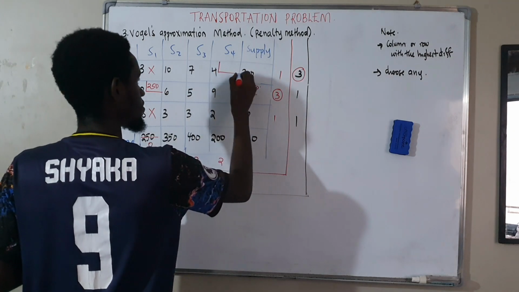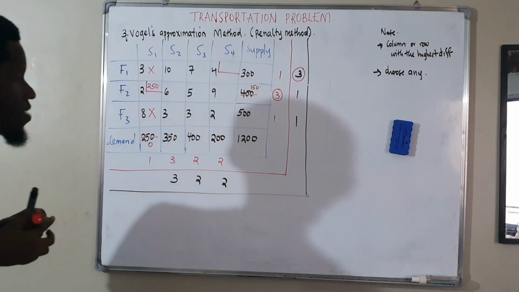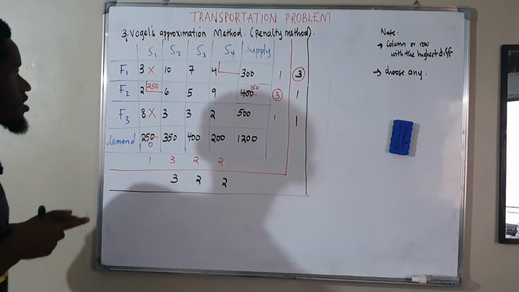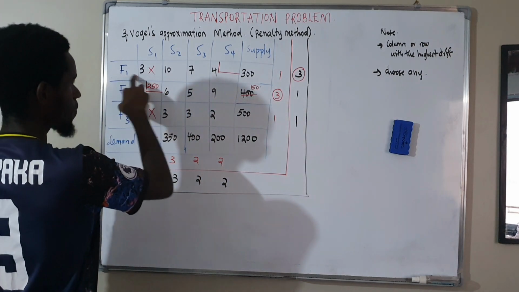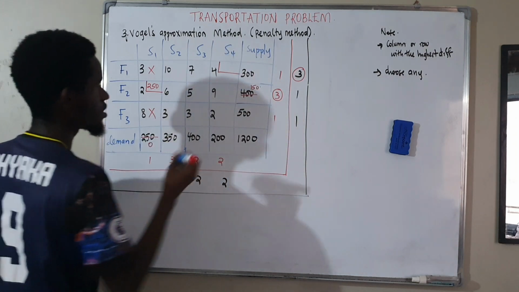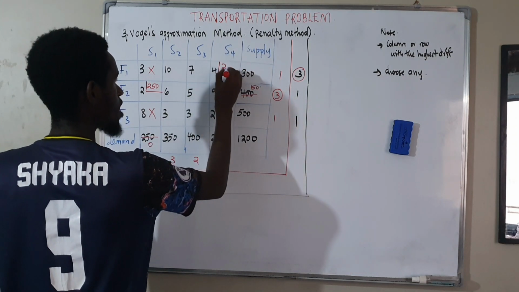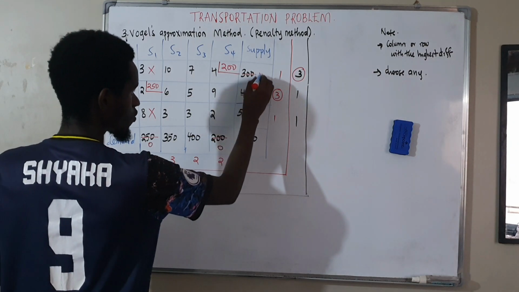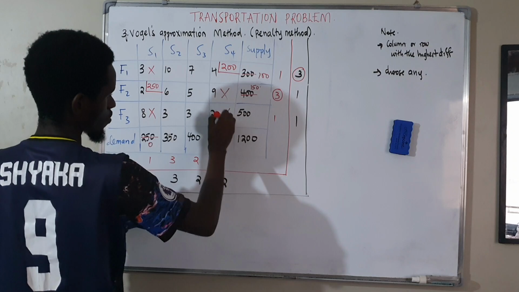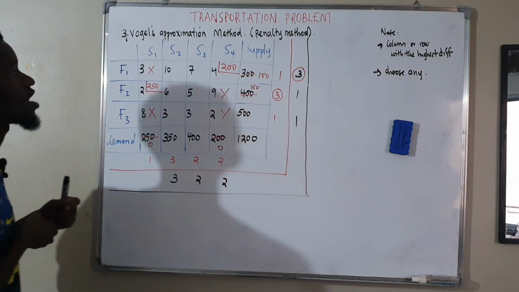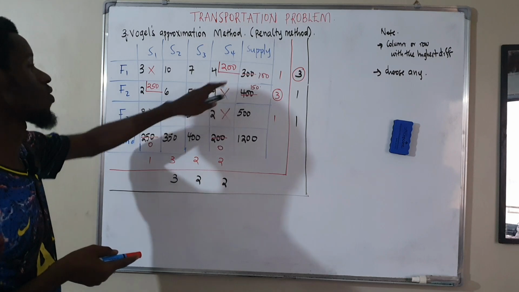Then I say, this is the 4, but this factory 1 is supplying 300 and store 4 is demanding 200. Therefore, I'll put what store 4 demands, which is the 200 here. Then here I'll be left with 0. And here I'll be left with 100. And then I cross this out with these other 2 cells because the demand of store 4 is only 200 and it has already got it from factory 1.